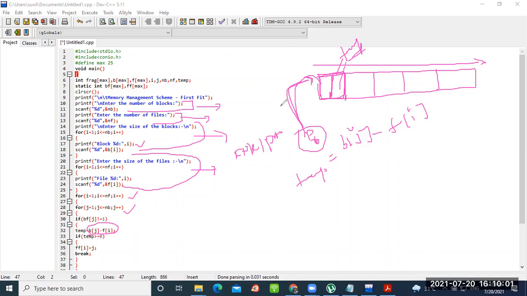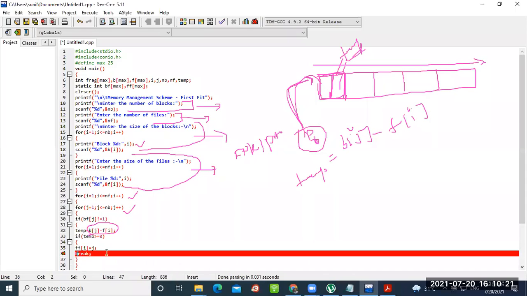If it is not assigned, then we move forward until it is allocated to a particular block. If it is assigned, finally I will change the flag variable. If the flag variable is 0, we assign it 1, which means the process is allocated. Then I will break and come out of the loop.